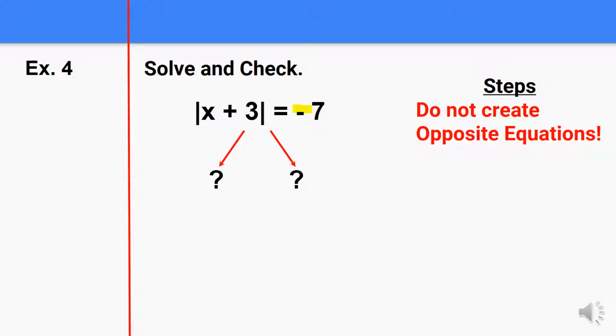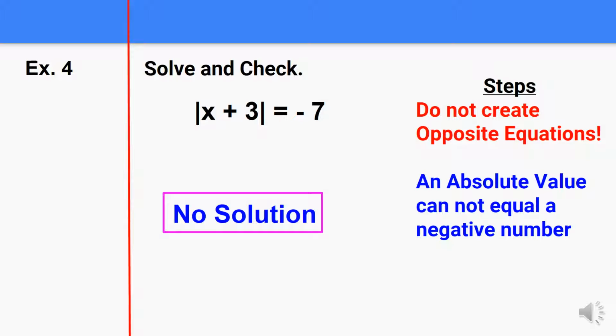This is just not possible. There's no solution because an absolute value cannot equal a negative number. There's no way we can have any value of x that's going to add to 3 and come out of this absolute value as a negative number.